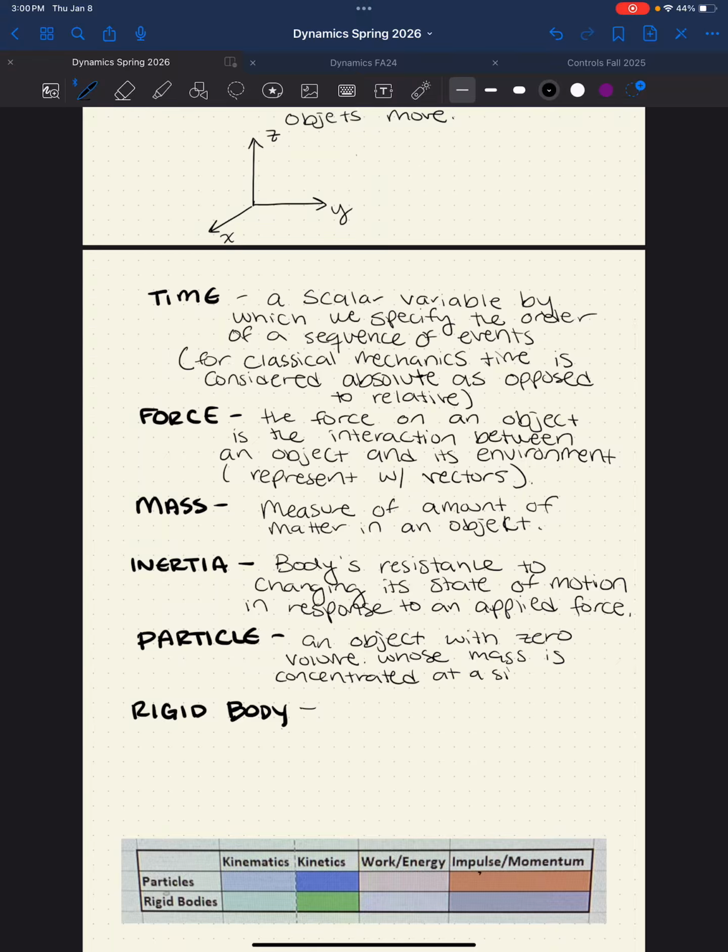at a single point. And the reason that we think about particles in this class so much is because all of the content that we work with, we're going to start with the simplest version of that theoretical concept that we can, and we're going to build up in complexity.